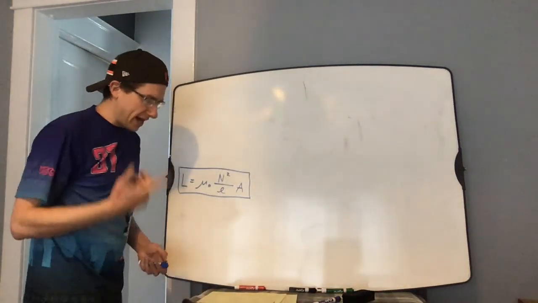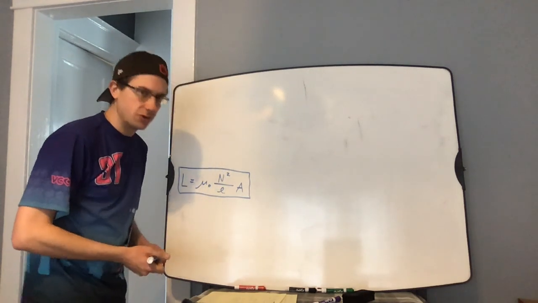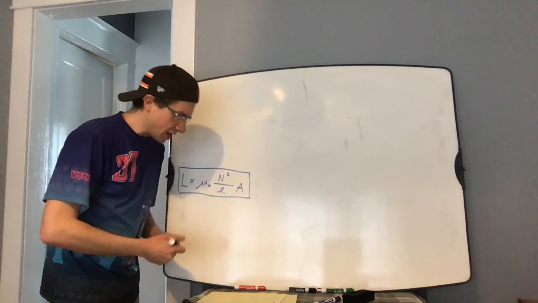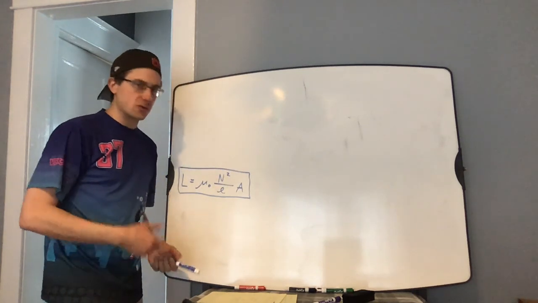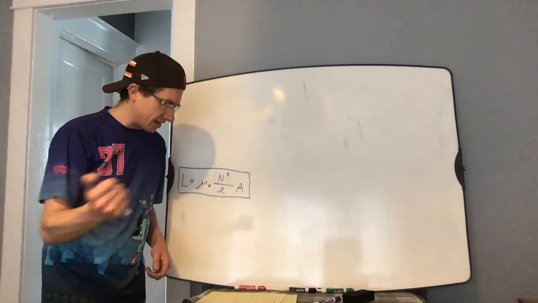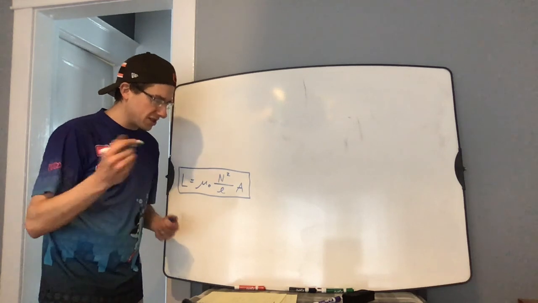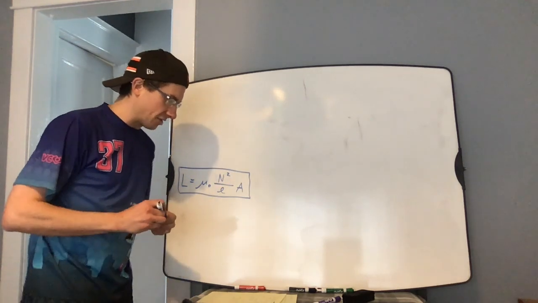And what we have is, for the final example problem in this chapter, a 500 turn solenoid is 8 centimeters long. A current is increased from 0 to 2.5 amps in 0.35 seconds, and an EMF of 0.012 volts is induced. What are the inductance and cross-sectional area of the solenoid?